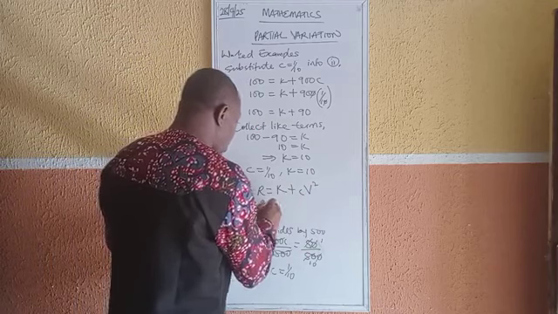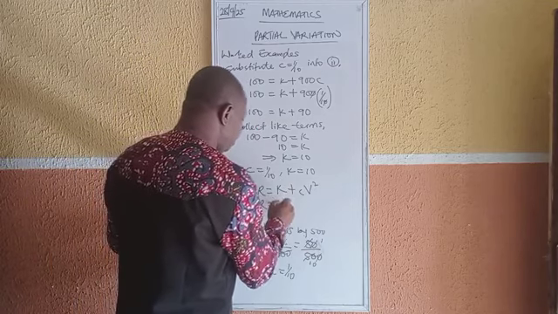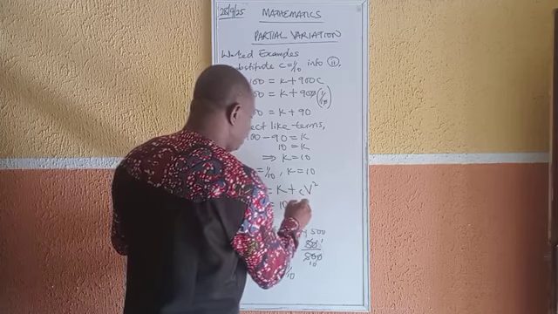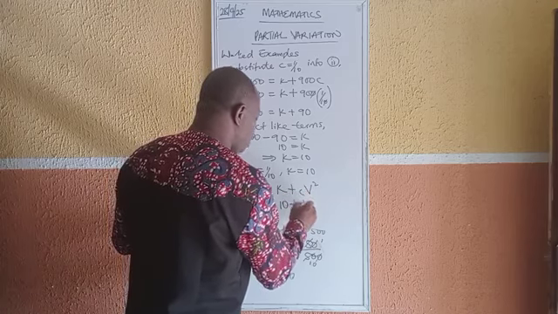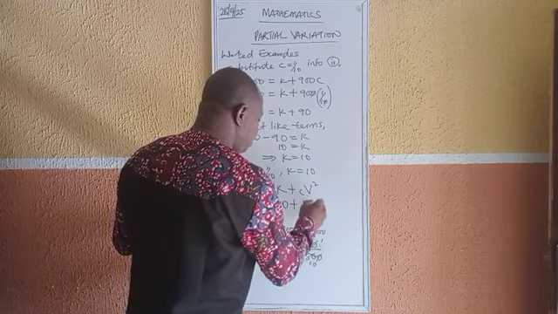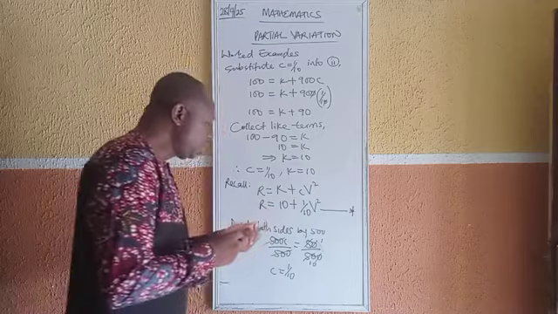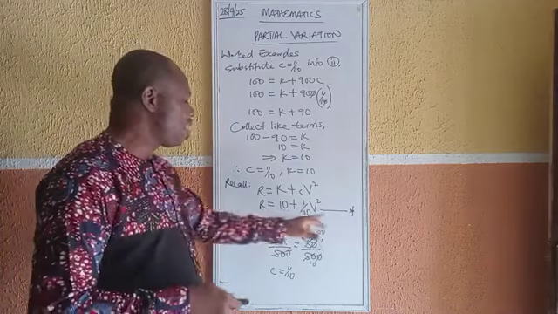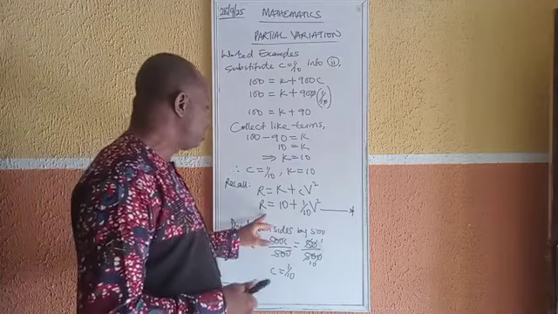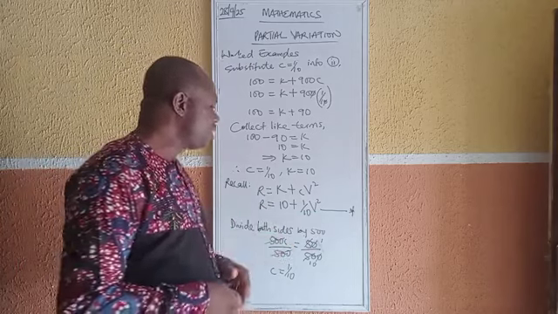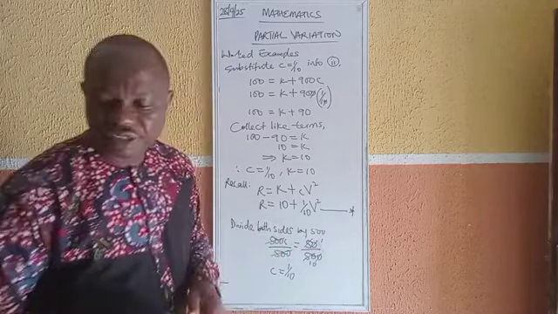So that will become R equals K is 10 plus C, that's 1 over 10, V squared. This is the law that is connecting R and V, or the relationship connecting the resistance and the velocity.